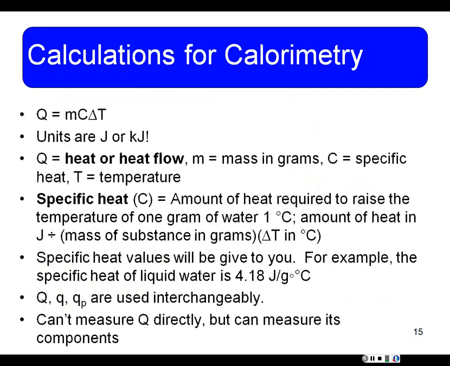How we can go about doing this: you'll want to memorize Q equals m c change of T. You'll have to use that equation. Q is for heat. Do not get confused. I don't know why they don't just stick to one symbol, but Q, uppercase, lowercase, or Qp, all are for heat. That P just means at constant pressure.